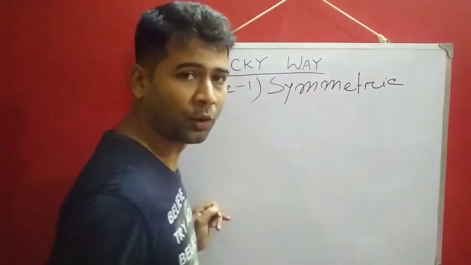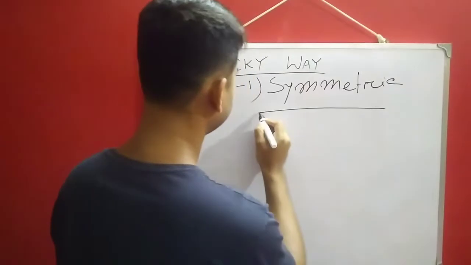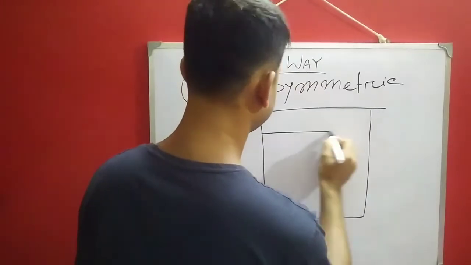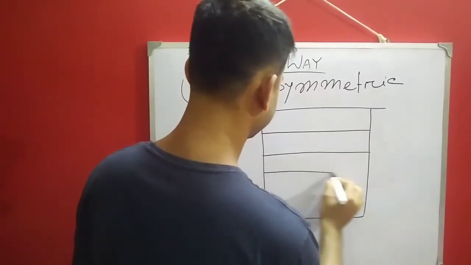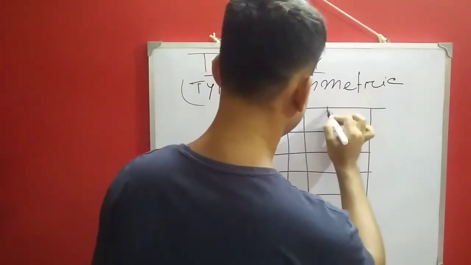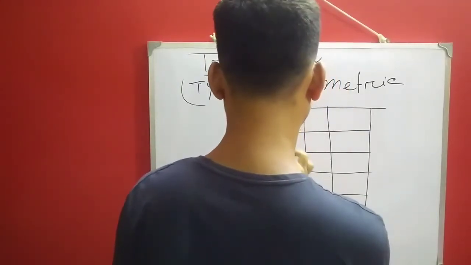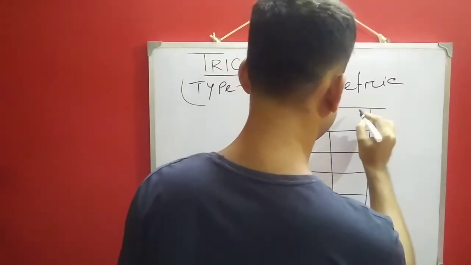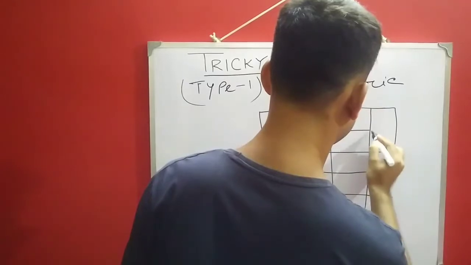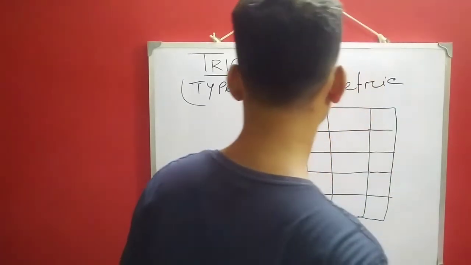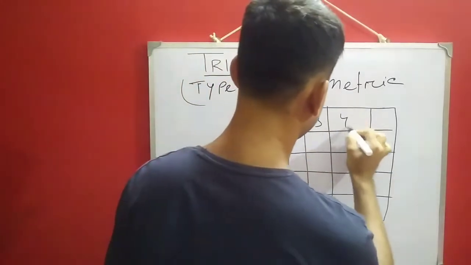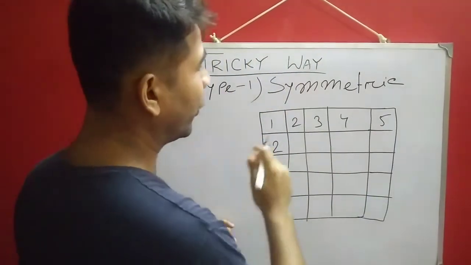Type 1 is symmetric. Symmetric means where row equals column.